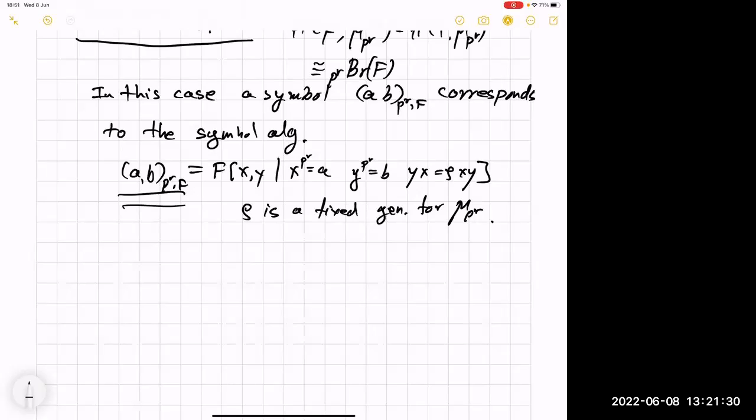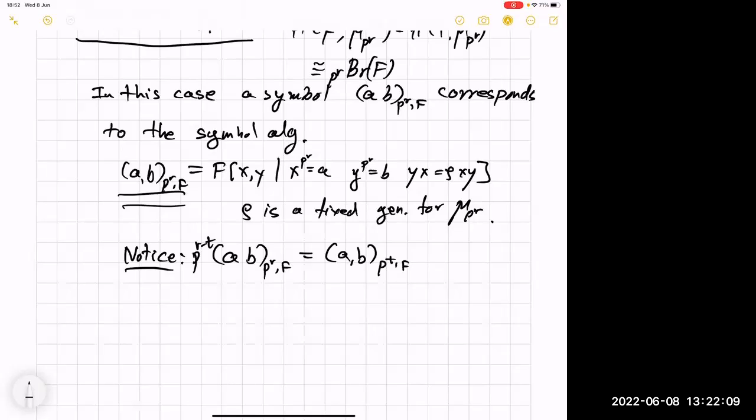And I would just like to note that if you have A_{a,b} of degree p^r over F, and you tensor it with itself p^(r-t) times, what you get in the Brauer group is equal to the class of the algebra A_{a,b} of degree p^t over F. This is not that easy to show.